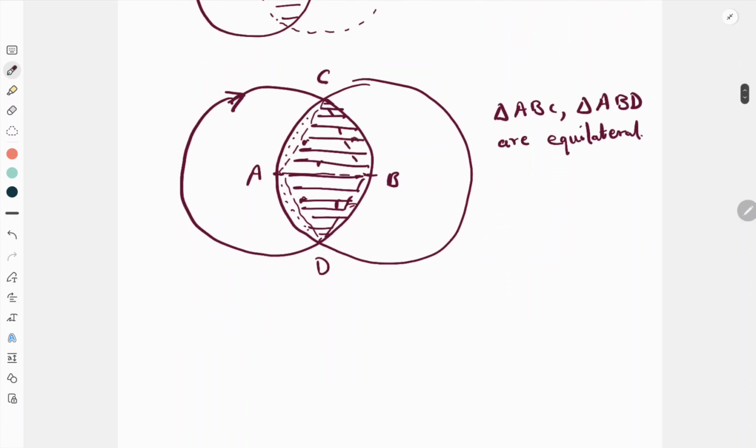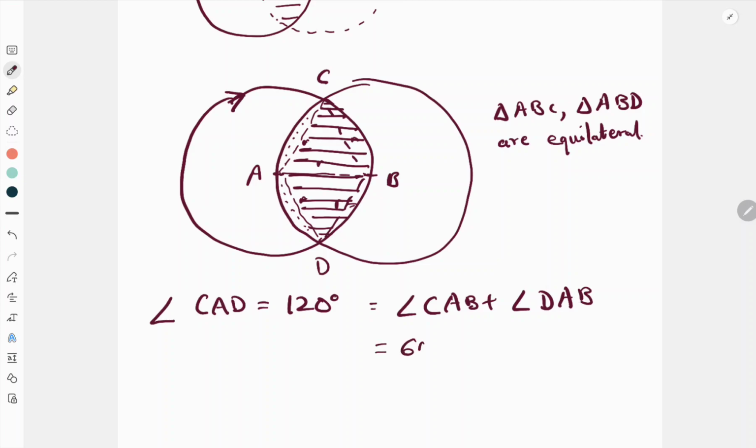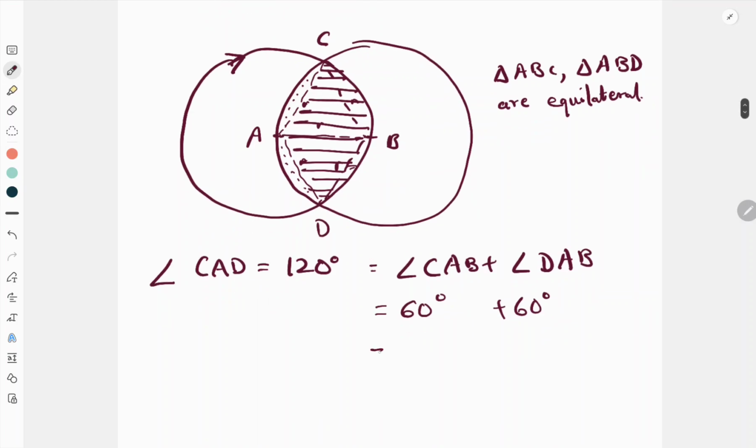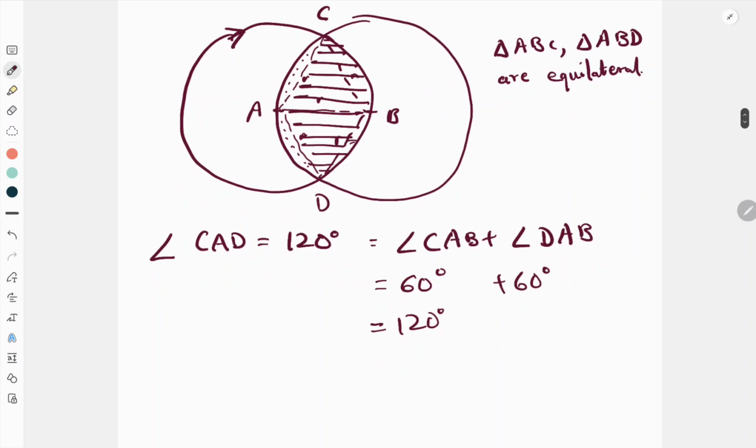That should be possible because this angle CAD is equal to 120 degrees, because it is angle CAB plus angle DAB, and these are both 60 degree angles because the triangles are equilateral. So angle CAD is 120 degrees.